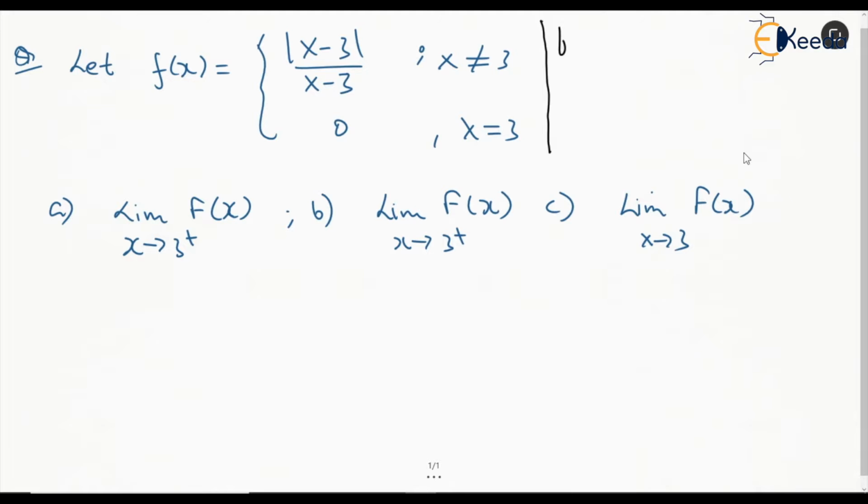So for x greater than 3, this f of x becomes x minus 3 by x minus 3, whereas for x less than 3, this function mod of x minus 3 is minus of x minus 3.